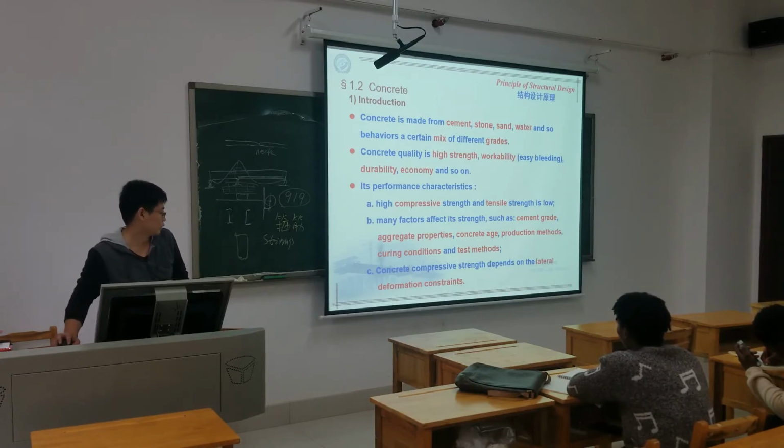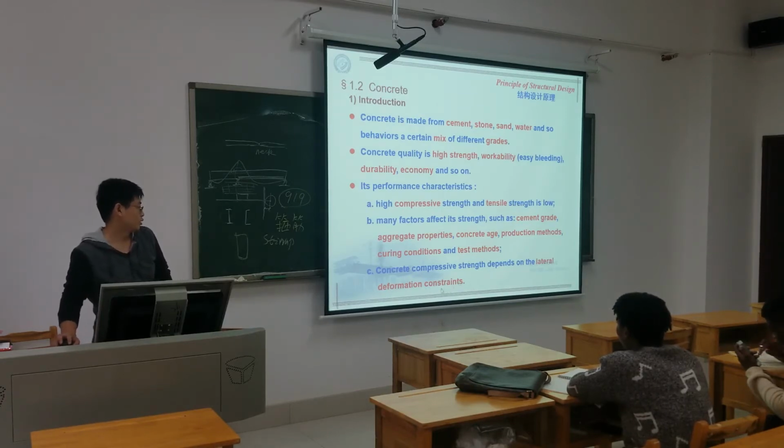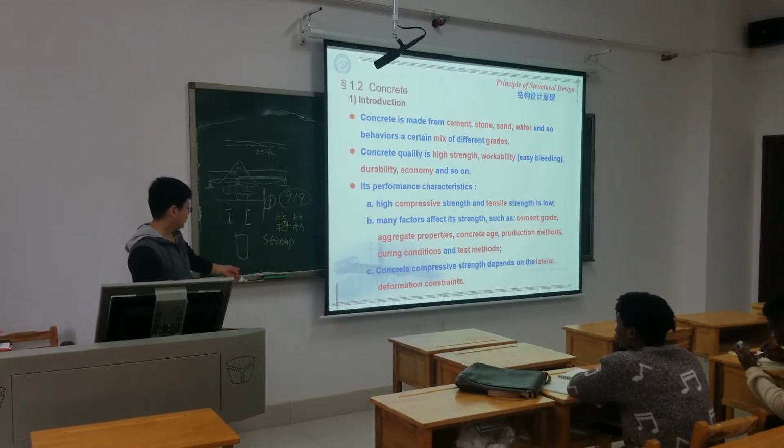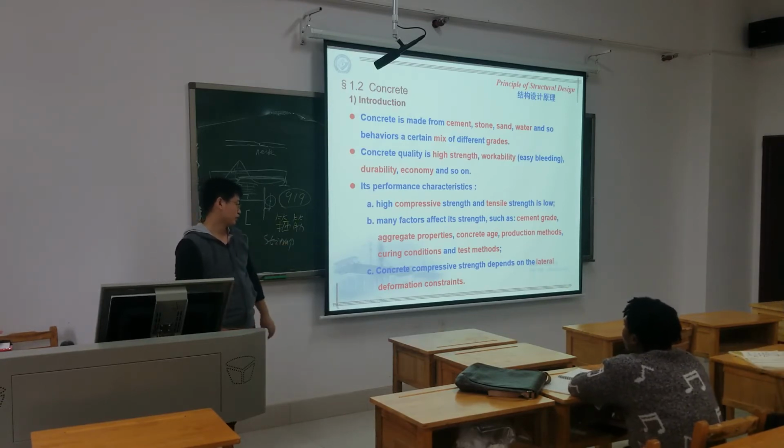The lateral deformation constraint. We have already said something about this. We said we put the concrete into a circular tube, which has a constraint around the concrete, so the strength is different.